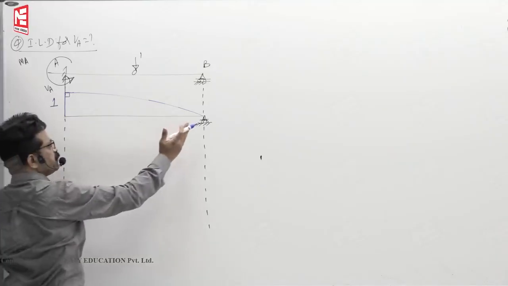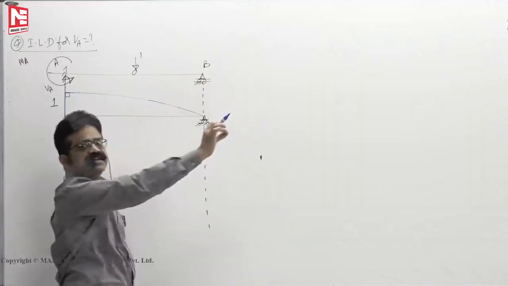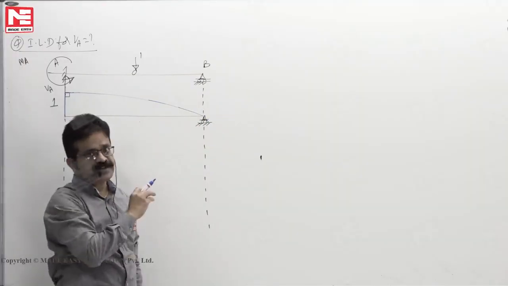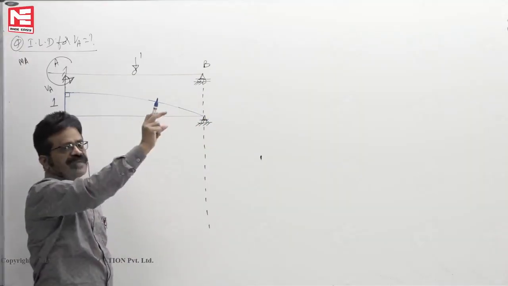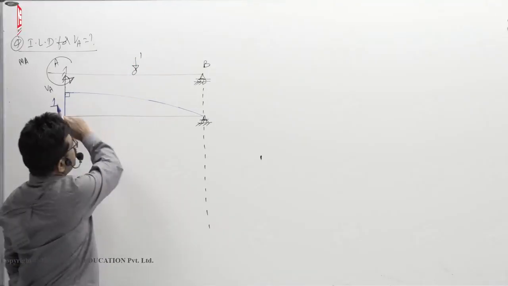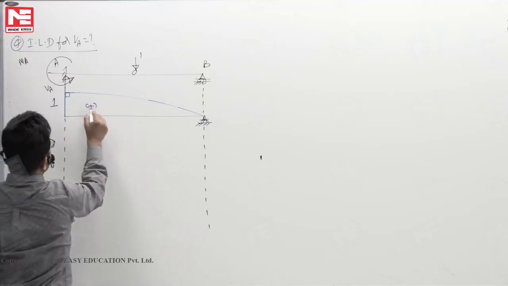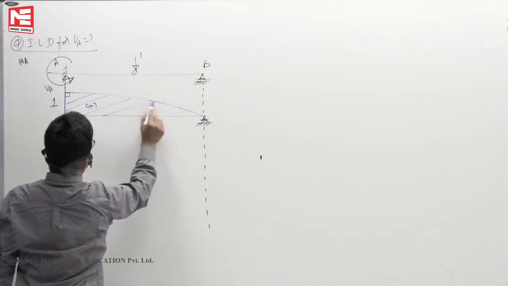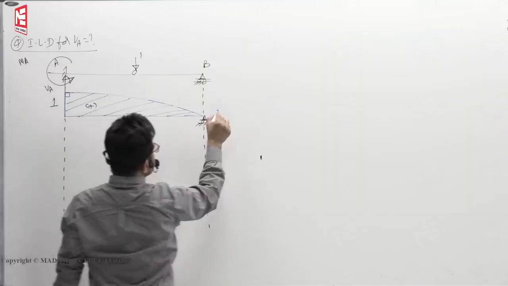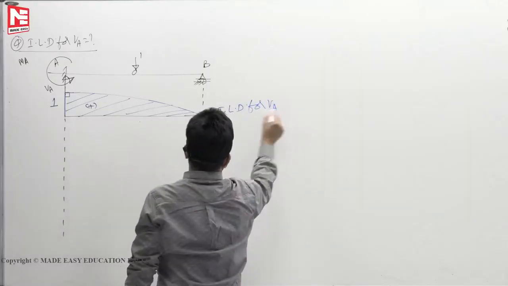If at all the support is not there, then it will go like a straight line, like a cantilever, which we have studied. But instead of a cantilever, a propped cantilever is there, say. Instead of going up, hold it, pull it down. Then it will deflect like this. That's all. Plus. This is the ILD for VA.